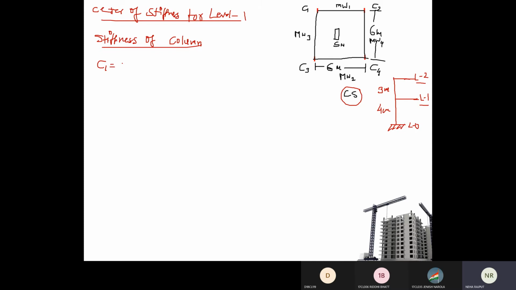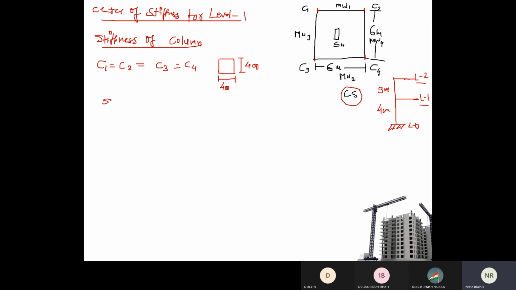So C1 column, C2 column, C3 column and C4 column, all these columns have the same dimension, 400 mm by 400 mm. But if any of the columns has a rectangular section or circular section, then you need to do this calculation that many times.